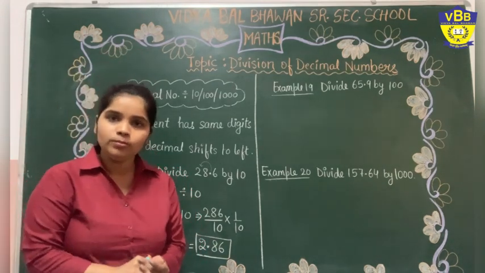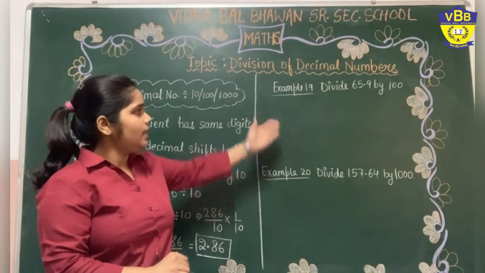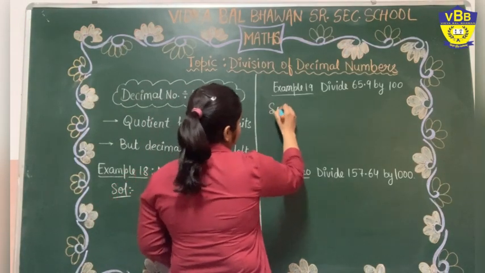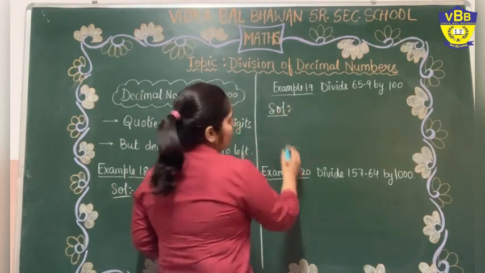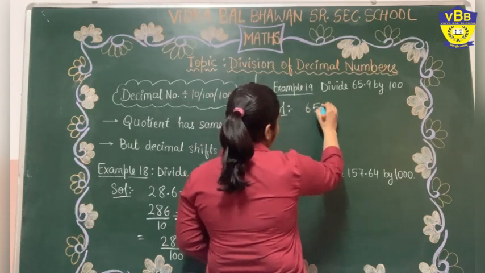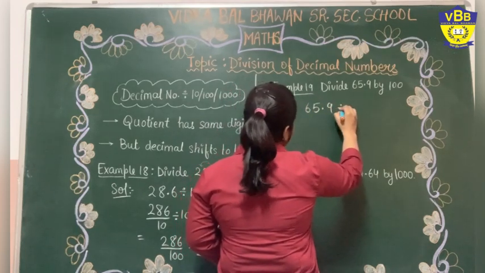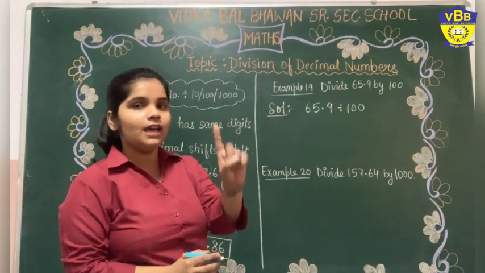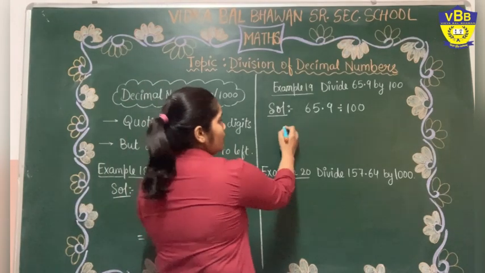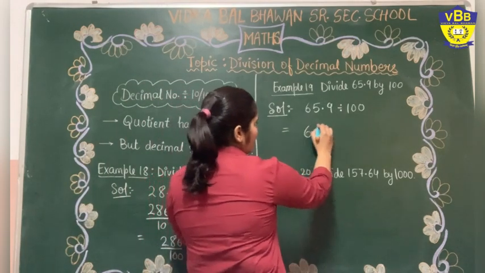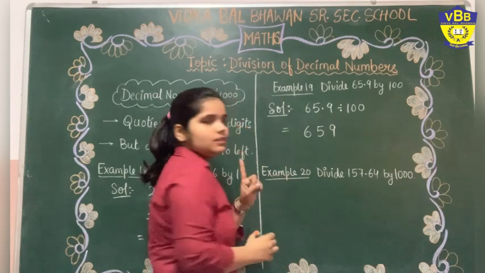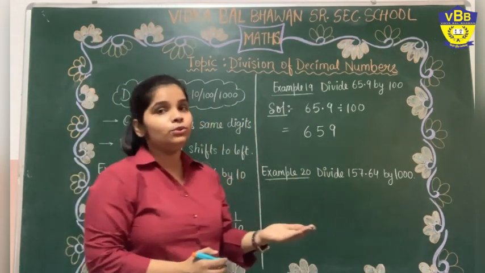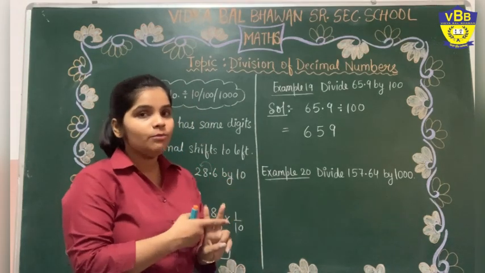Now we will perform the next question directly. What is it? Divide 65.9 by 100. First thing, the quotient will have the same digits. So the answer will have the digits 659, and the decimal will shift to the left side by how many places?